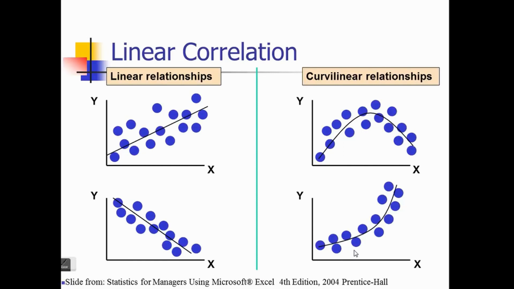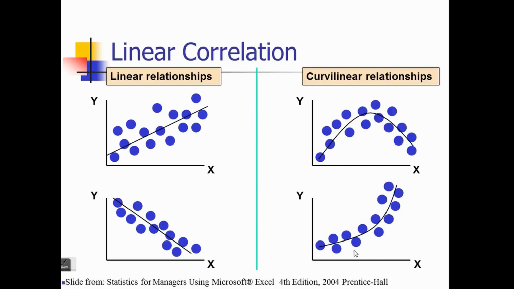Okay, Pearson coefficient in particular is the measure of linear relationship between two variables x and y, not the nonlinear or curvilinear relationship that we can see on the right side of this graph, the two graphs on the right side, and not something that can be measured using a correlation coefficient such as the Pearson correlation coefficient.